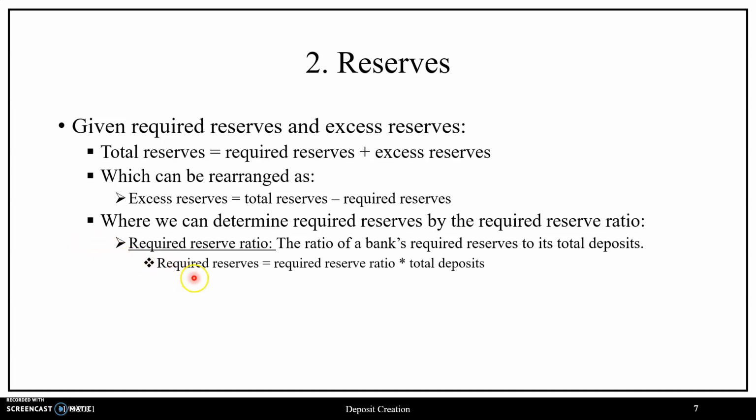We can then calculate required reserves as the product of this required reserve ratio mandated by the Fed and total deposits, that is, the amount held in checkings and savings by our consumers and firms. With this decomposition and formulation of total reserves, excess reserves, and required reserves, given a deposit from a consumer or firm into a bank, we are then able to calculate our total reserves, required reserves, and excess reserves given our required reserve ratio.